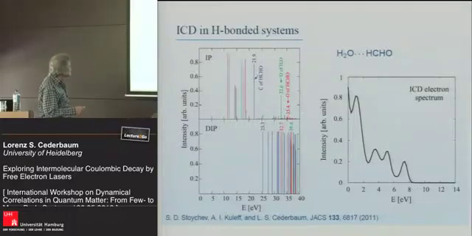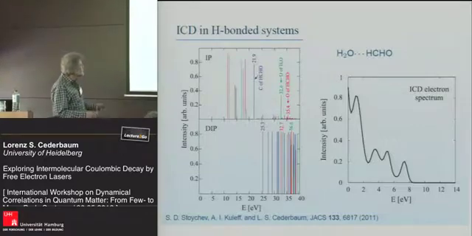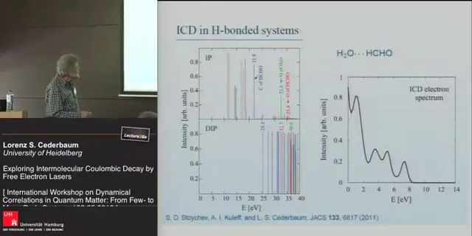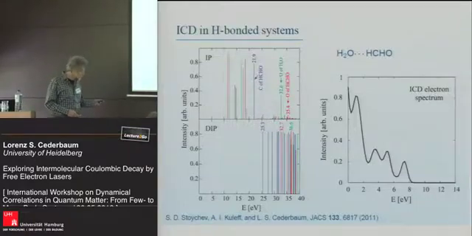You can see the ionization energies of the oxygen of water and the oxygen of formaldehyde are here, and the threshold to double ionization, these are the double ionization potentials, is here. So all these levels after removing an inner valence electron are above threshold, and ICD will take place, and you will kick out an electron from the neighbor. And again, the distribution goes up to about 8 eV, so low energy electrons are produced here.